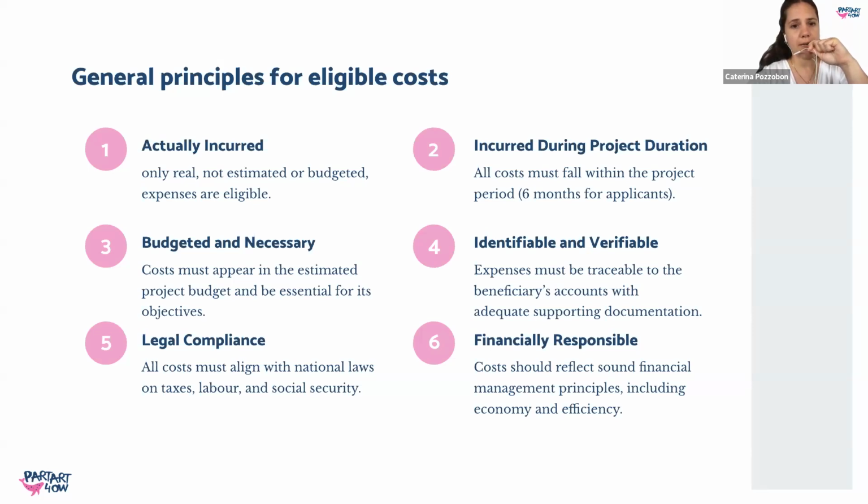They have to be made during the project duration, so all the costs must fall within the project period. So you cannot start spending the money before the start of the accelerator, nor after the end of it. They have to be identifiable and verifiable, so traceable, and of course, financially responsible. So they have to be in line with the activities you will do. Next, please.